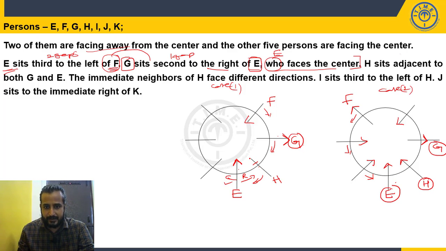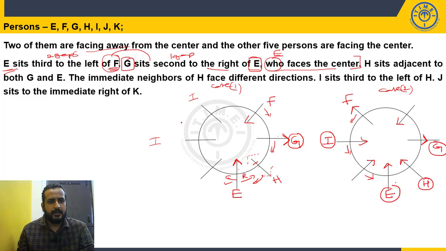If H is facing center, first left, second left, third left, here will be I. If H is facing away from the center, first left, second left, third left, here will be I. I will be one of these 2 places. Right, so here again we have 2 possibilities, but don't write.